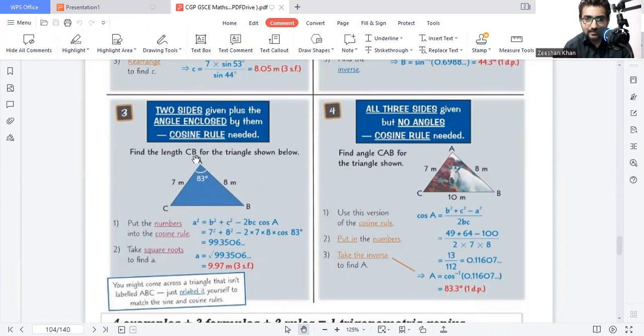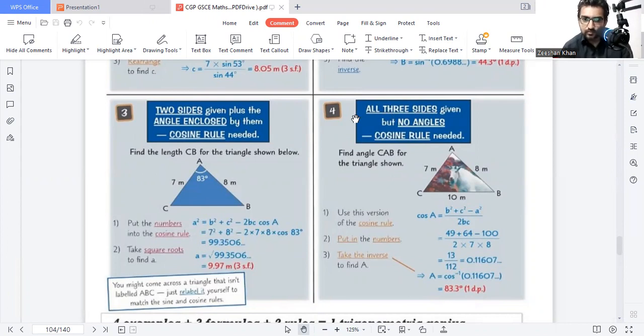Find the length CB. So we need to find out this CB. Substitute all the values. B is given, that is b, opposite to the angle B. C is given, opposite to the angle C. Substitute the values in it. Angle A is given, that is 83, and you will get 9.97 meters.